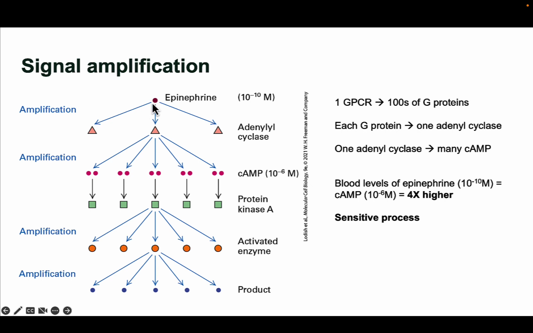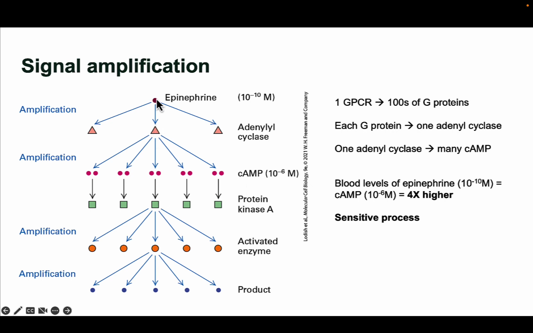So if we start with a single molecule of epinephrine, this can bind to a G protein. One GPCR binding to epinephrine can actually activate hundreds of G proteins. So there's an amplification event there. But each G protein only activates one adenyl cyclase.